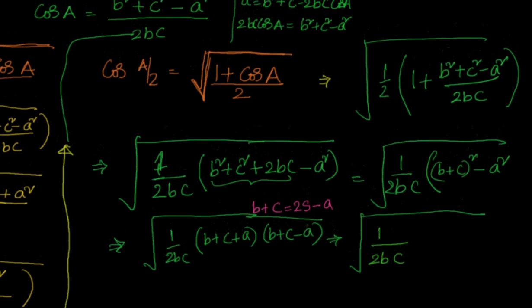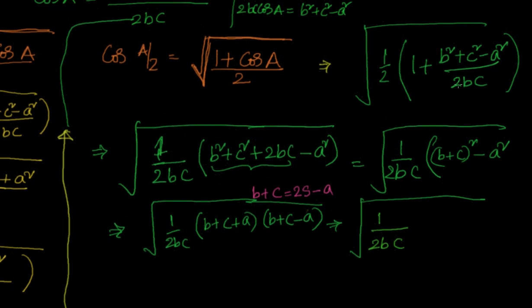I have 1 by 2, I have another 2, this should become 4, because if you remember, earlier we got all 4. That's a silly mistake on my part. So this is 4BC. This is also 4BC.